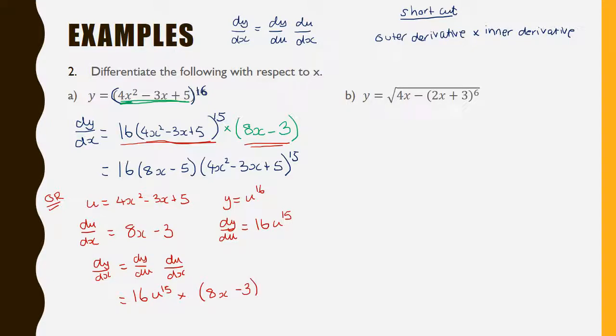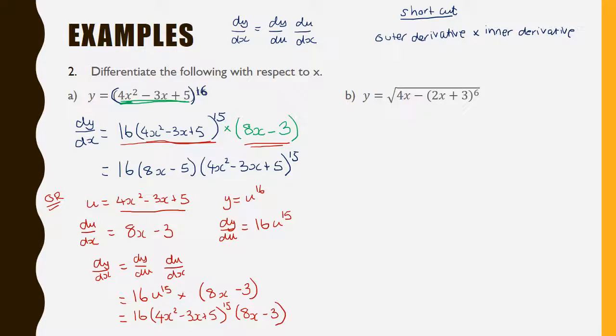We're multiplying by this entire function there. Equals, instead of u, we substitute back in our value for u that we had defined up here, and so it would be 4x squared minus 3x plus 5 to the power of 15 multiplied by 8x minus 3. So it is entirely up to you.